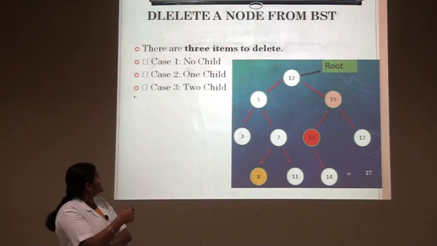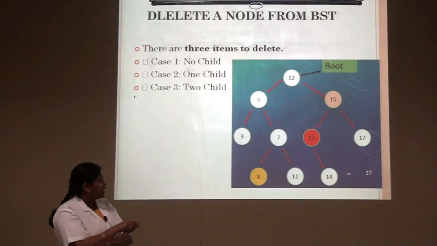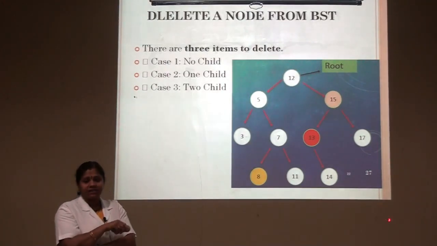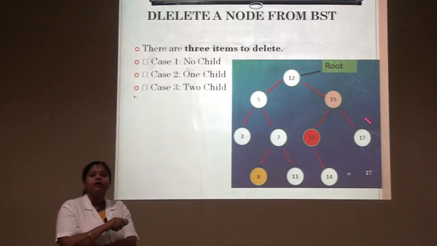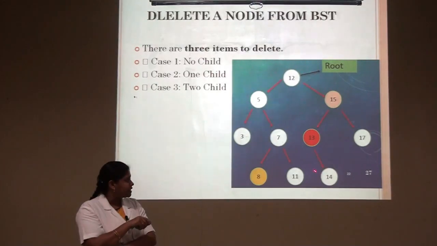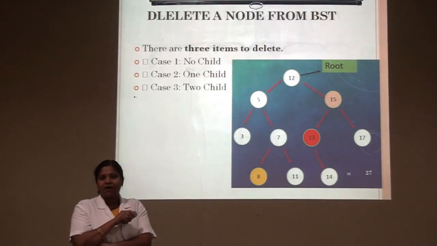The next case, deleting the node with one child. For example, 13. When you want to delete 13, it has one child node. So while deleting the node with one child, we have to make a proper arrangement for its child node, where we want to link it. We have to consider that.